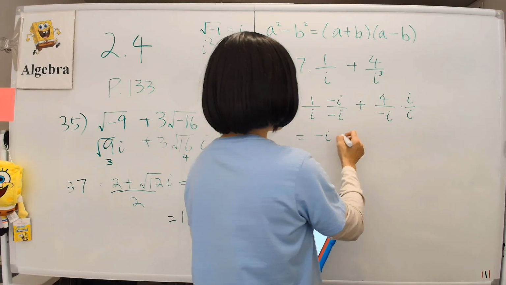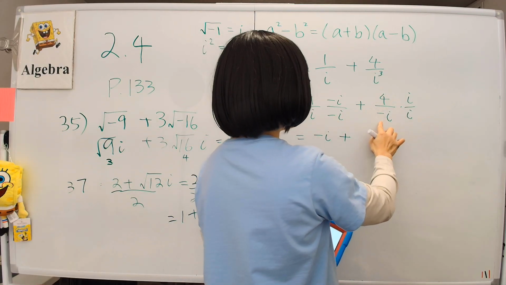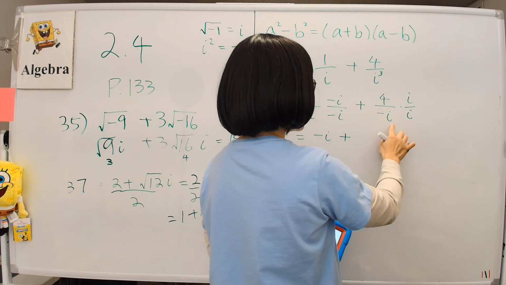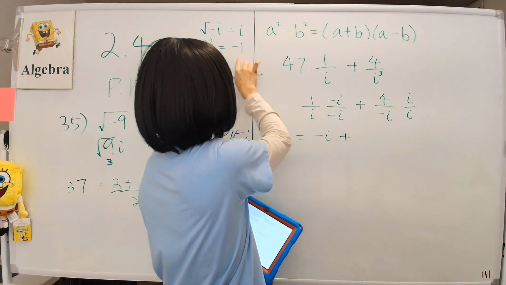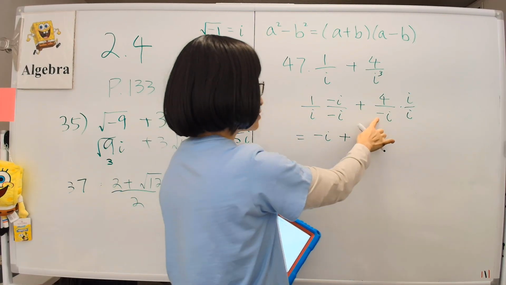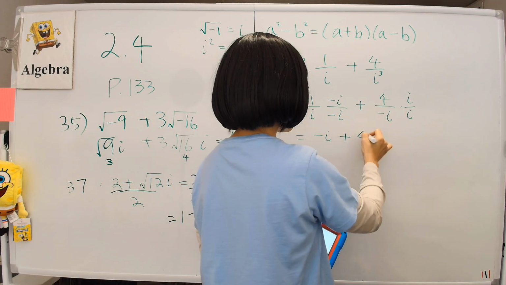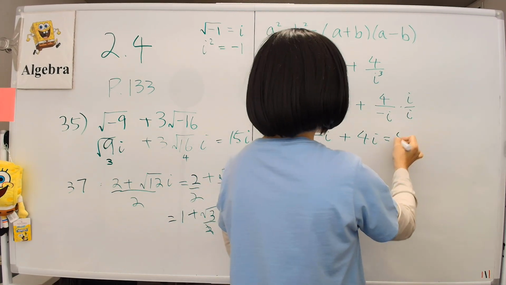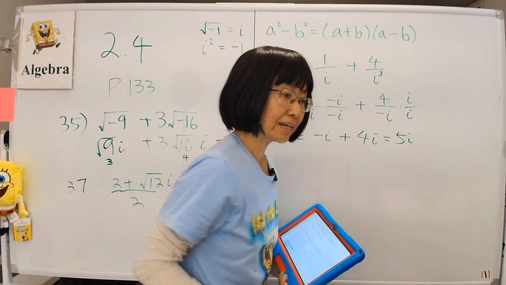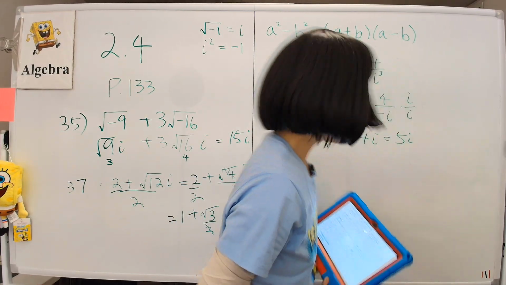And over here we have a similar situation. i squared is negative 1, and another negative sign makes it positive 1. So that is just 4i, and we can add this up, and it becomes 5i, and that should be the right answer for problem 47.